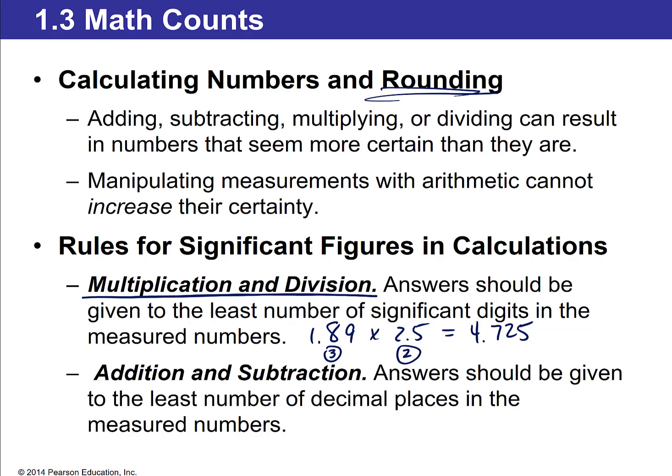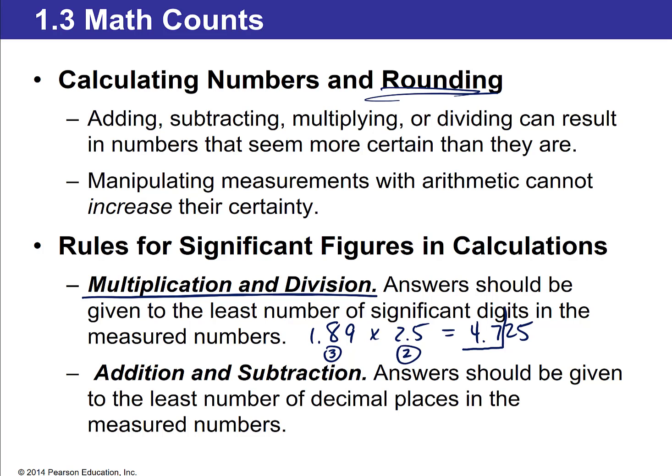So that means when you've got to keep 2 significant figures, you look at your answer, start on the left, just underline the first 2 significant figures you come to, and that means the rest of it gets rounded. So I'm going to keep the 4.7, and that means that the next number gets rounded. And the next number is a 2, so what are the rules in rounding? Do I round up or down? Down.